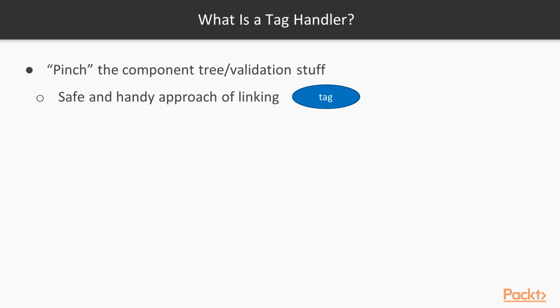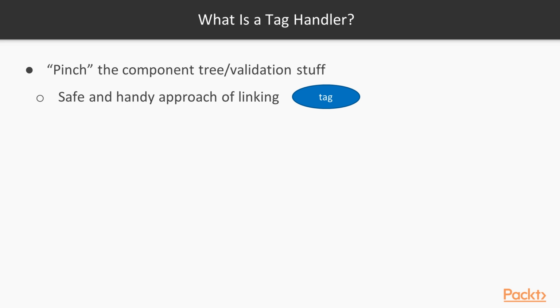When JSF builds the component tree, it will scan the page for tags, and at some moment in time, it will meet our tag. This is the time when a tag handler is executed. Of course, if there is a tag handler associated to our tag.